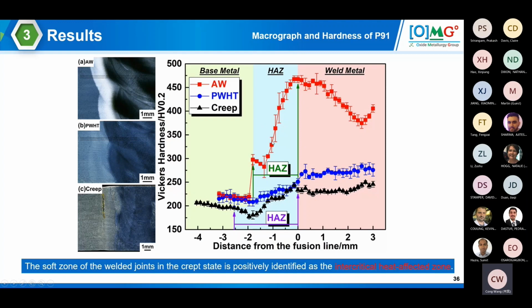We are able to see that after this heat treatment, the hardness is heavily depreciated, and after creep testing, it is even further depreciated, and the soft zone of the weld joint in the creep state is identified as being in the intercritical HAZ, the ICHAZ, here.